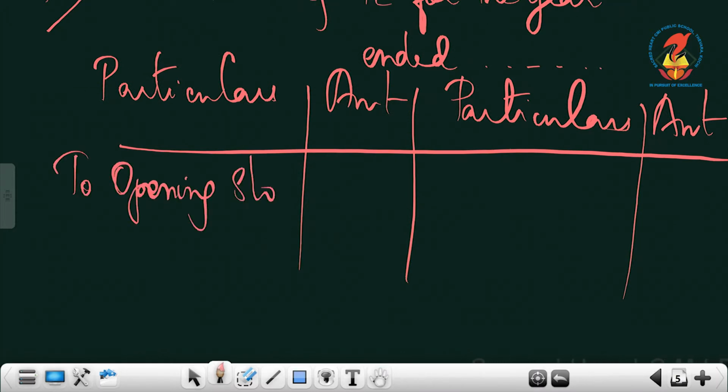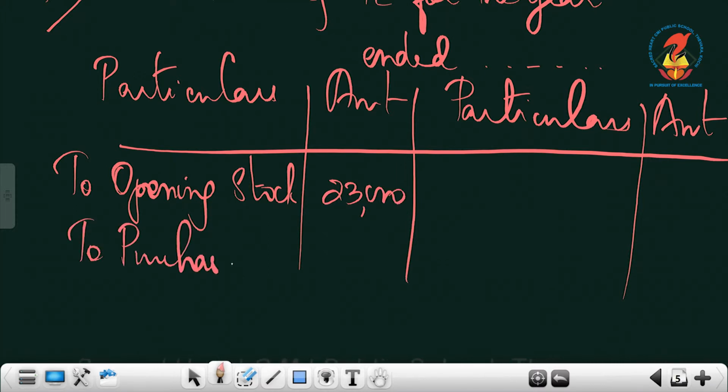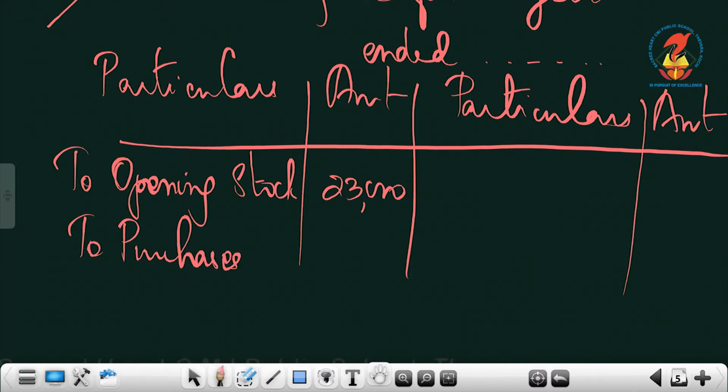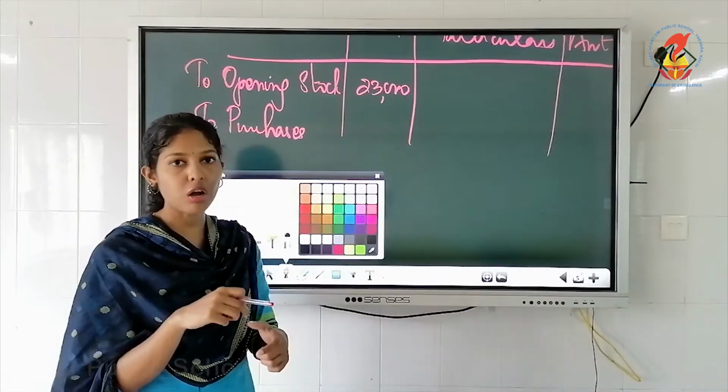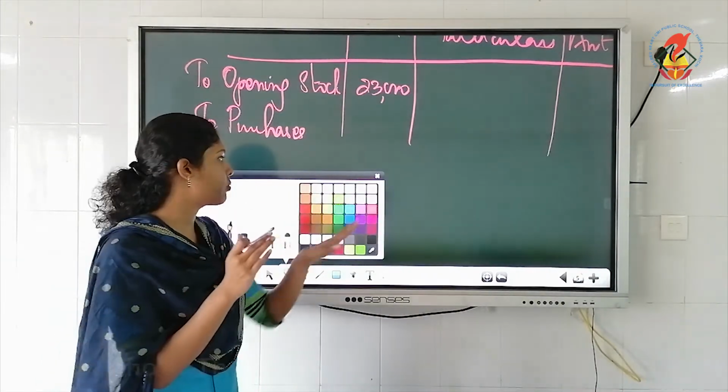This must be written in this particular order itself. To opening stock, the amount is 23,000. Then 2, so the format you must learn clearly. Don't turn your page each time and copy the format. You should be thorough with the format.